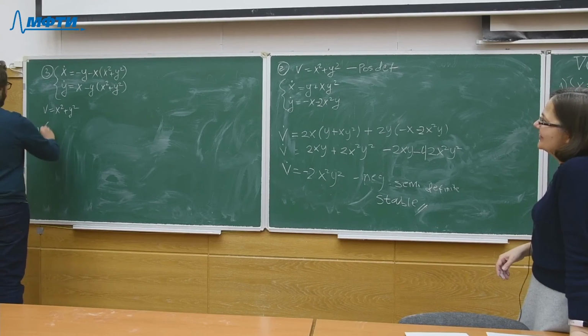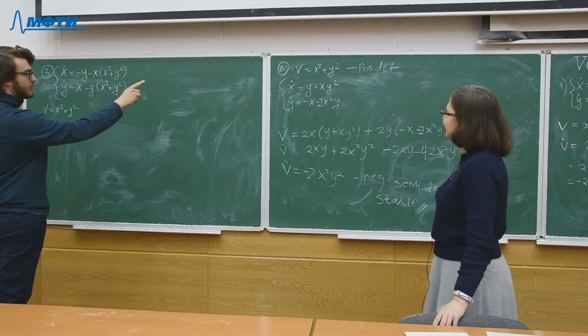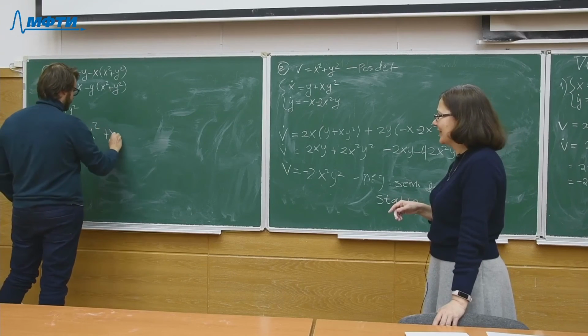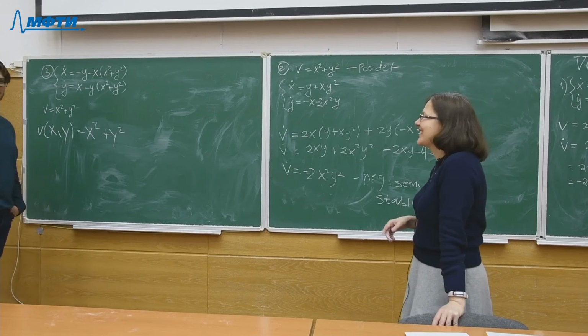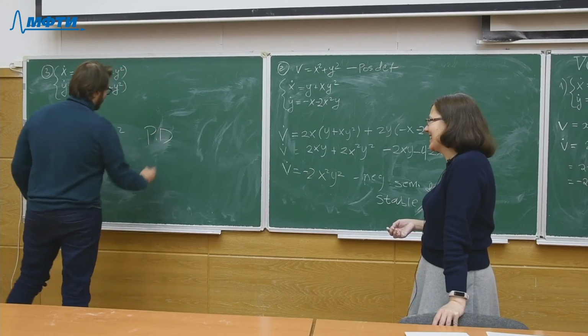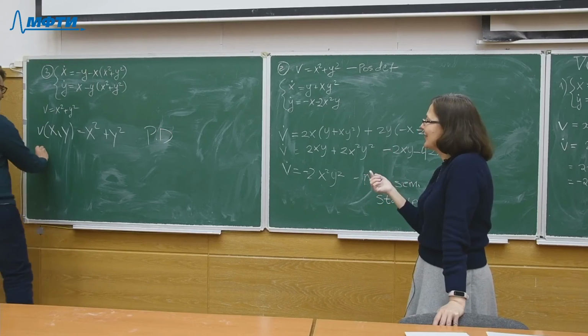If I remember, we have V of x, y, the same function, x squared plus y squared. Is it positive definite? Yes, positive definite. Next, let's try V dot. This is the most difficult problem for you.